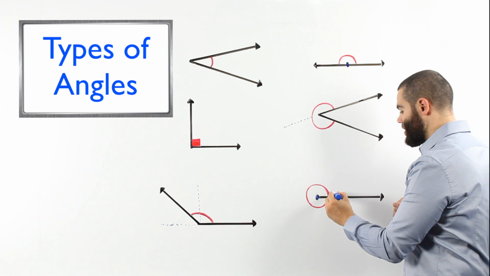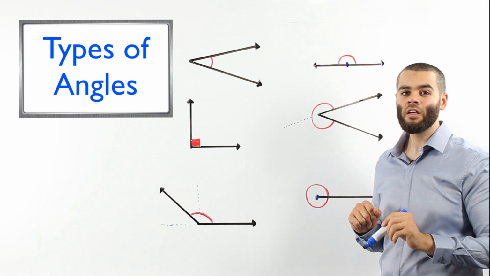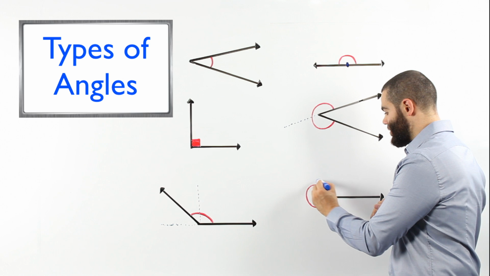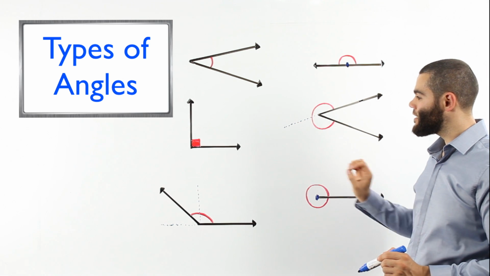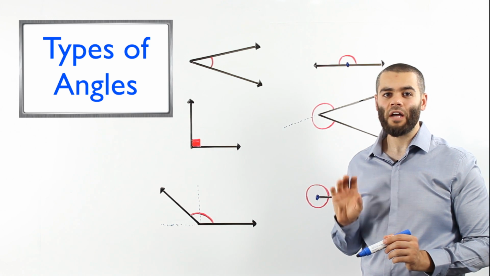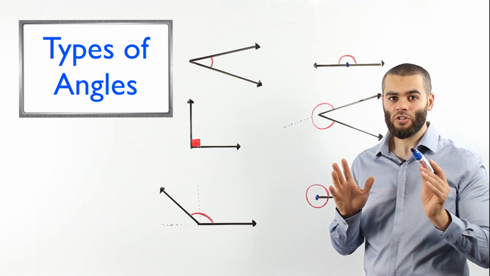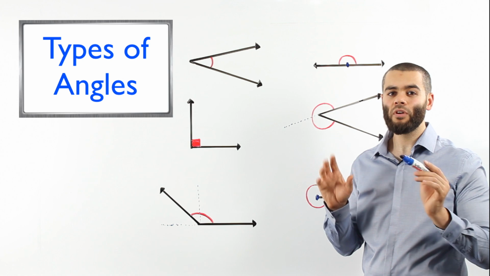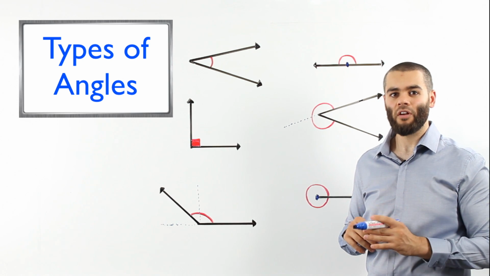A revolution is a full turn, a full 360 degrees. This is the revolution angle. So as you can see, we classify them, and once we understand their size, it'll be easy for us to identify the angle type by looking at its picture or looking at its shape and realizing that yes, this is an acute, obtuse, or any of the other angles.